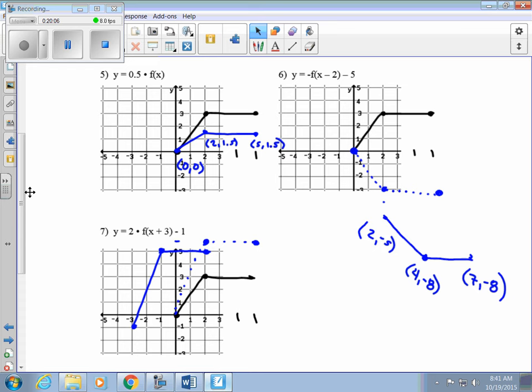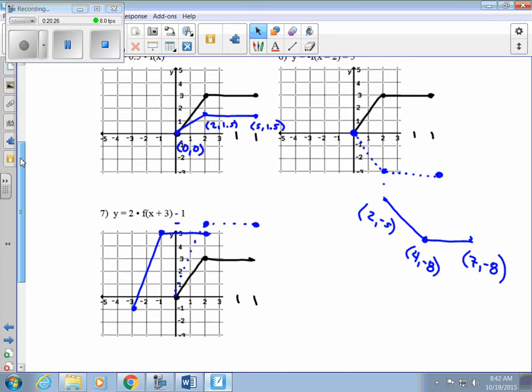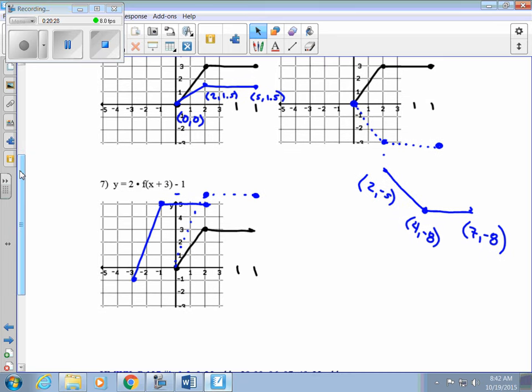So I flipped it upside down, and that's the blue dotted line. And then from there, I did the translation. So I went 2 to the right and down 5. And so our answer is this shape down on the bottom with 2, -5, 4, -8, and 7, -8 as those ordered pairs.